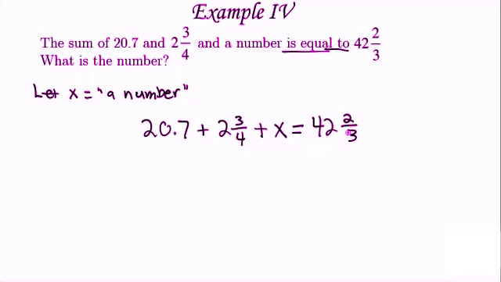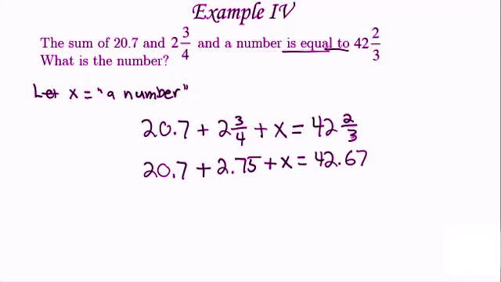Before I do anything else with these, I need to put the numbers in a form that is the same and a form that's easy to work with. So I'm going to switch these all into decimal form. 20.7 plus 2.75 plus x equals 42.67.